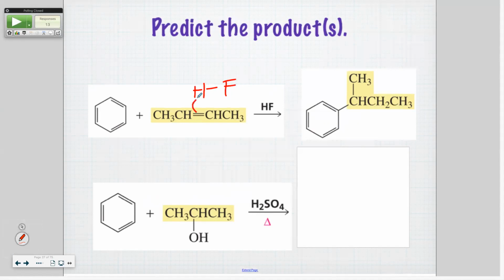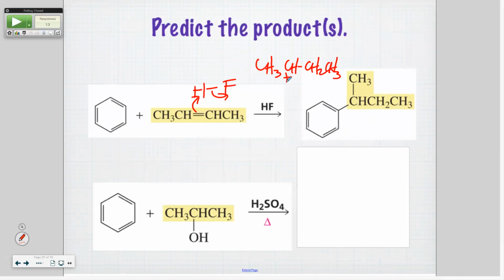You will get a carbocation, right? Doesn't matter which side the H goes to, you actually get the same one. So you would get this, and this carbon is plus. Okay, so we made a carbocation just like we used in the last one, only we made it a different way.